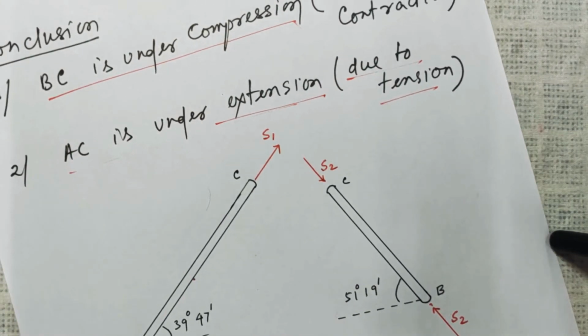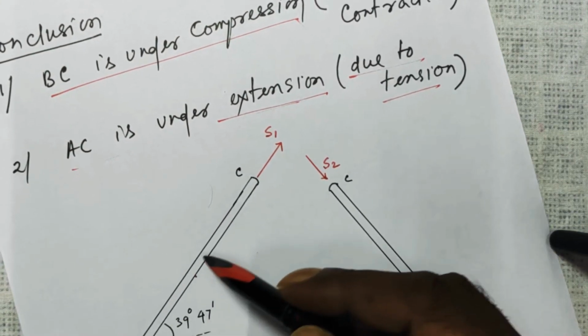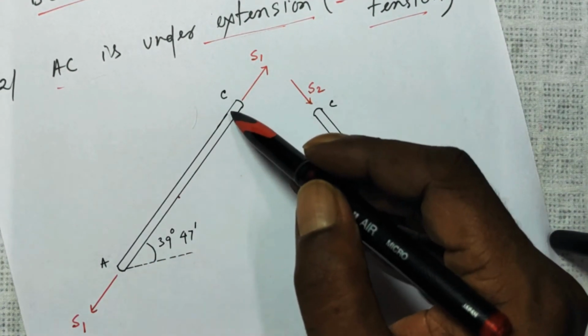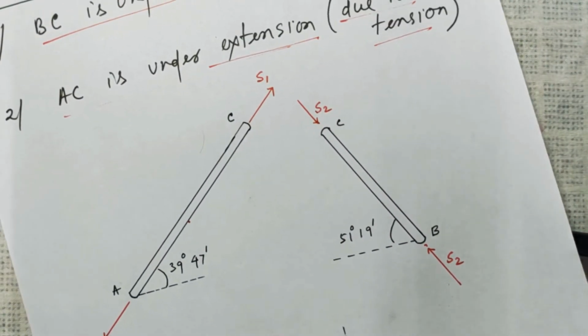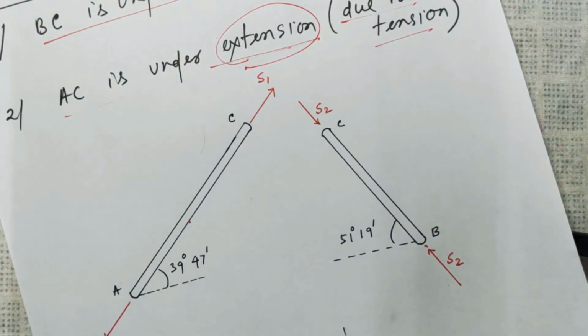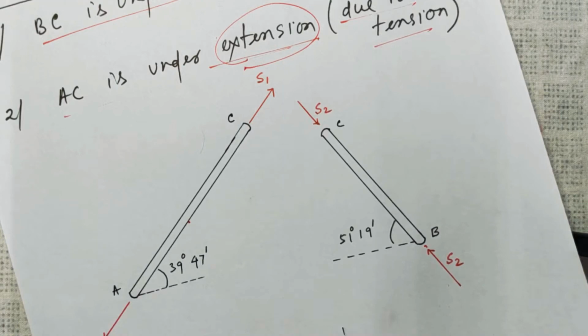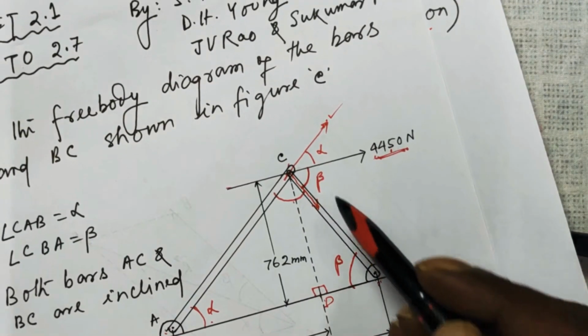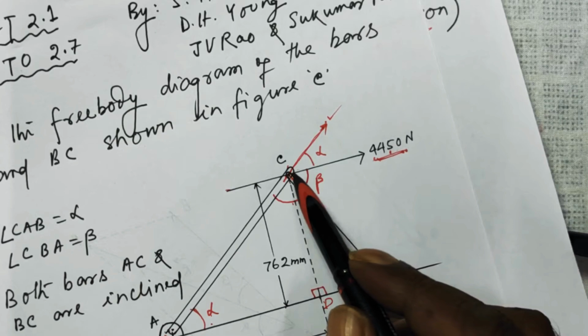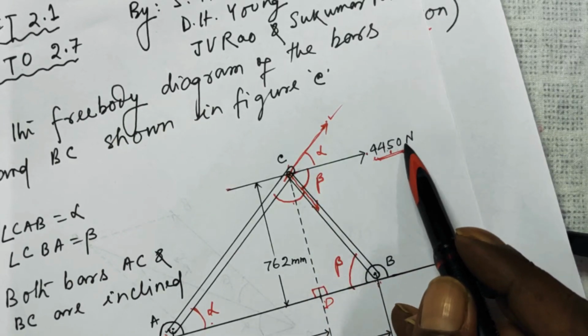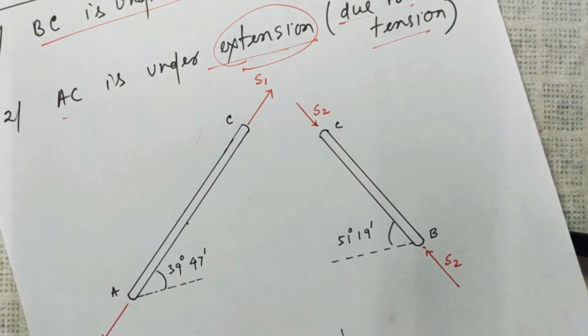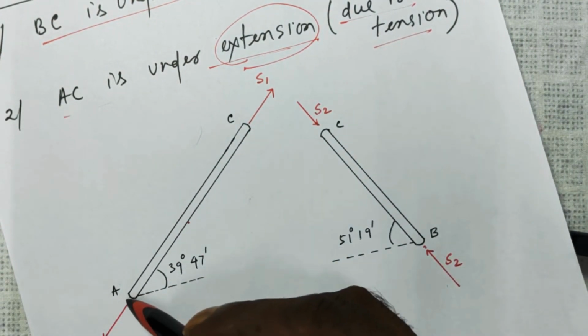I just explained that the bar AC is under an extension due to this component of this force 4450 Newton. So I am showing it for AC.